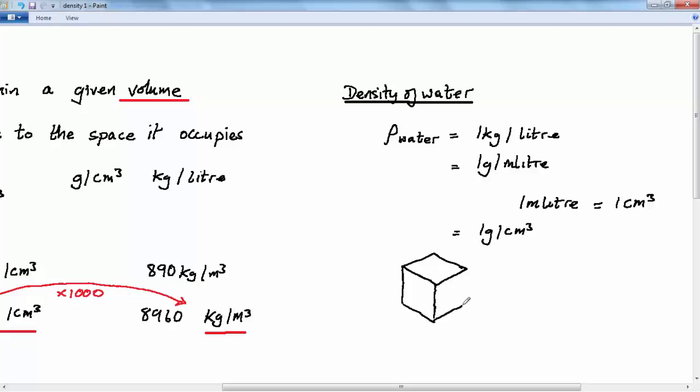Okay, this is a container, which has for its side 10 centimetres. That is called 1 decametre. That's a cube of 10 by 10 by 10, and it's equal to exactly 1 litre.